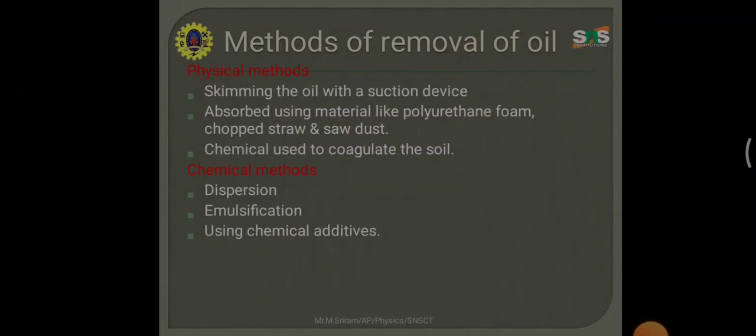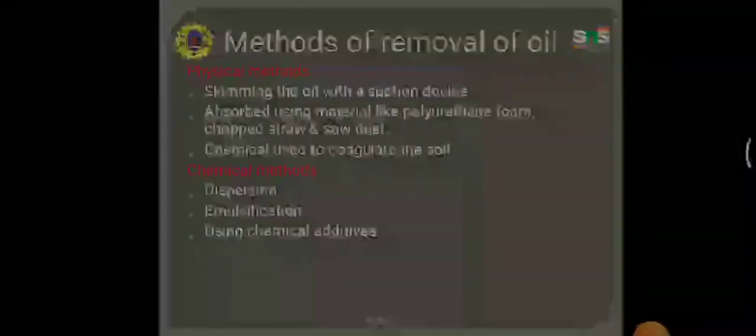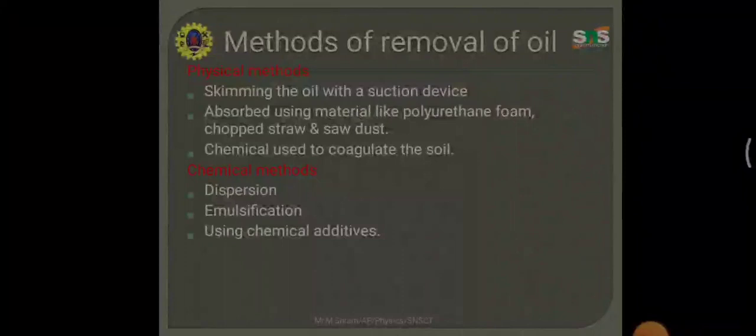The floating oil can be absorbed using suitable absorbing materials like polyurethane foam, chopped straw, and sawdust. Chemicals can also be used to disperse the oil. In the chemical method, dispersion and emulsification are done using chemical additives.